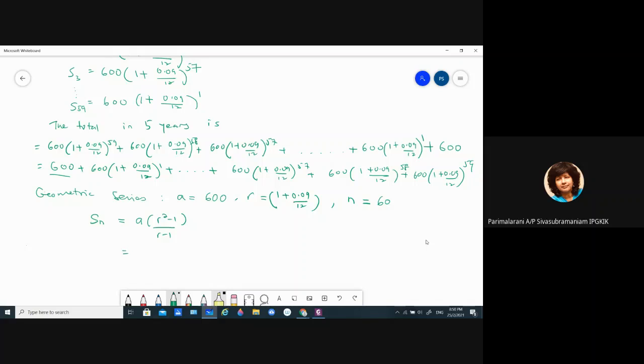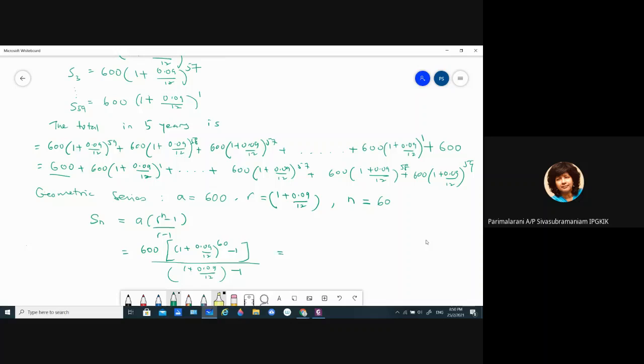So if we put our values inside here, we have 600 into R, which is 1 plus 0.09 over 12, to the power of 60 minus 1, over R minus 1, which is 1 plus 0.09 over 12 minus 1, correct?